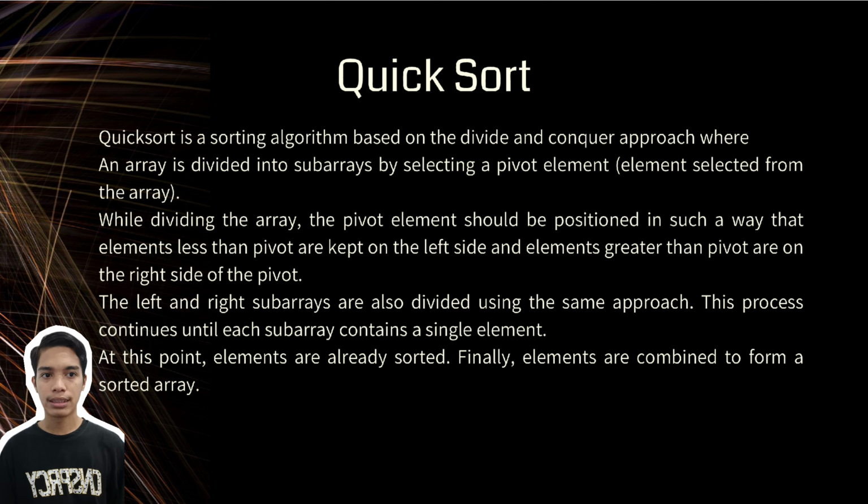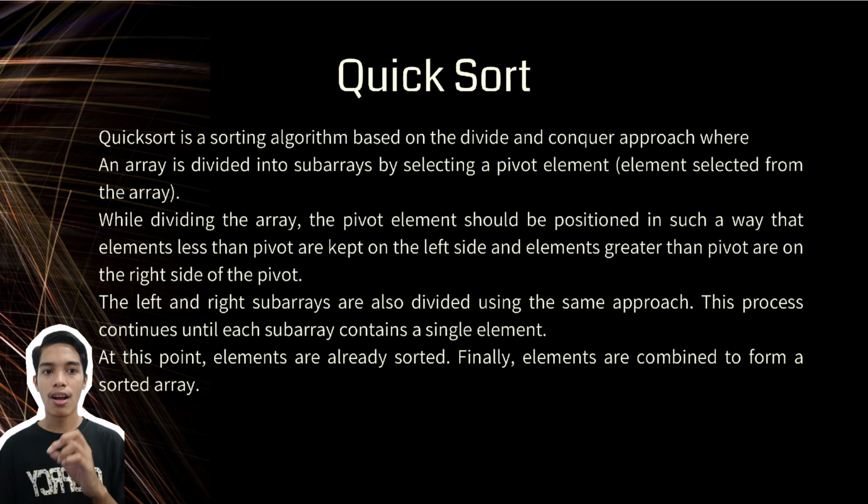Quick sort is based on divide and conquer, selecting a pivot element. Elements less than the pivot are kept on the left side and elements greater than the pivot go on the right side.